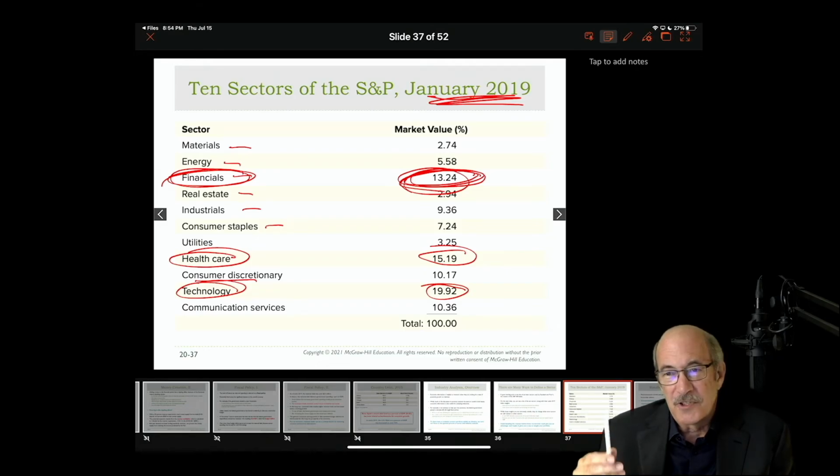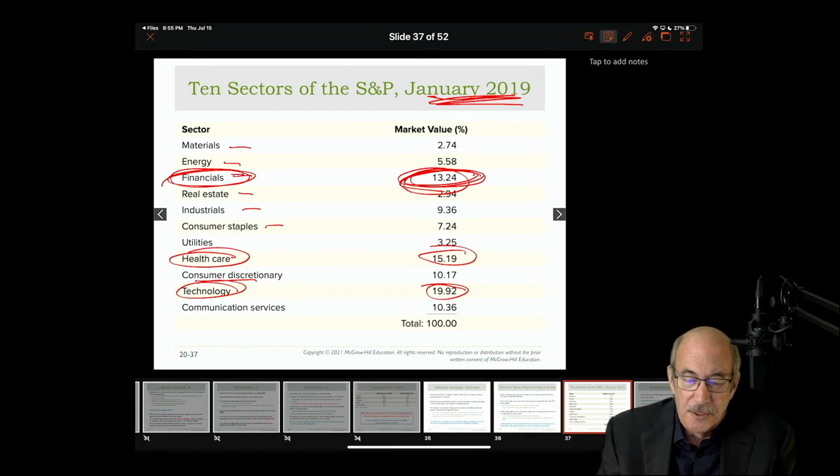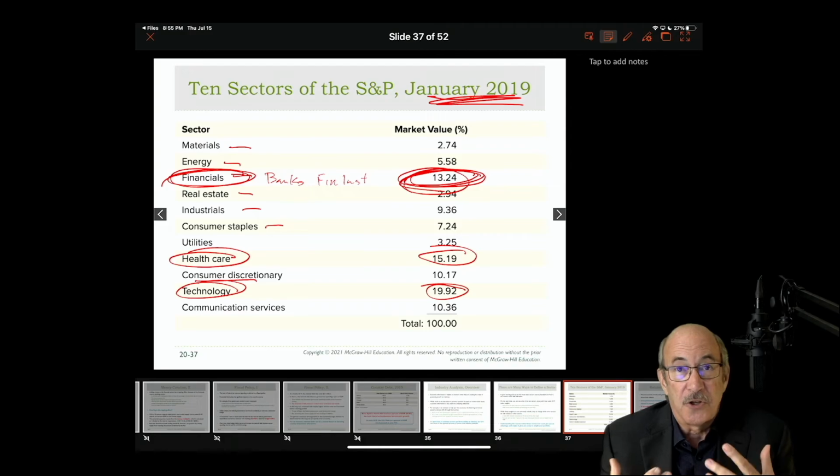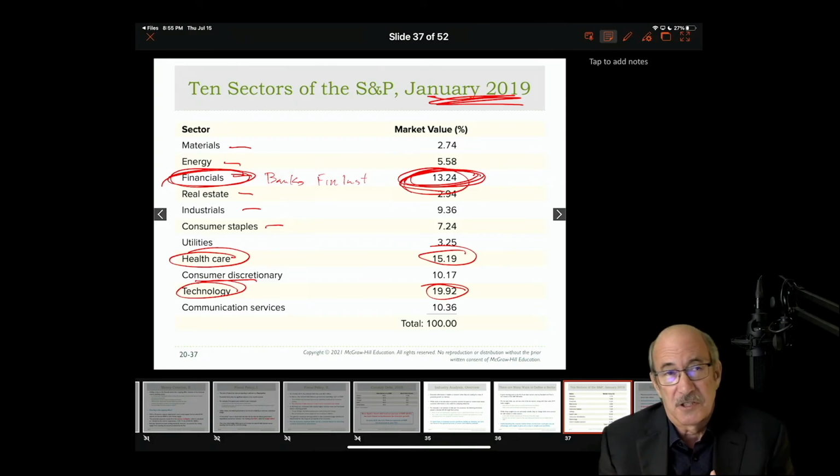The other interesting thing about finance as a career is that this sector includes things like banks, financial institutions, things of that nature whose primary business is finance related. It's asset allocation, it's borrowing and lending, intermediation, that sort of thing. It's helping investors transact. All of that stuff is captured in there.